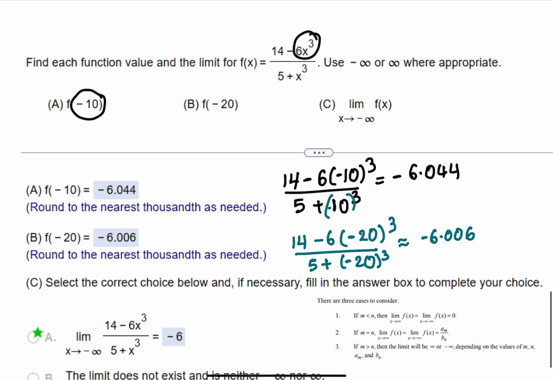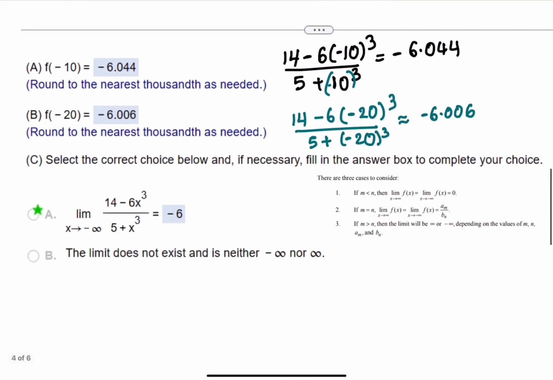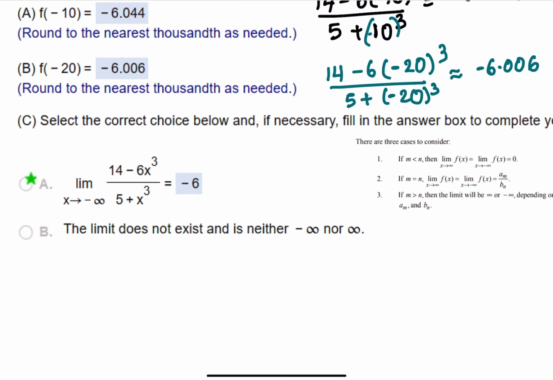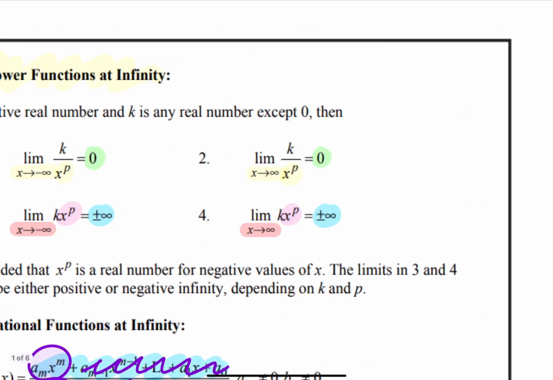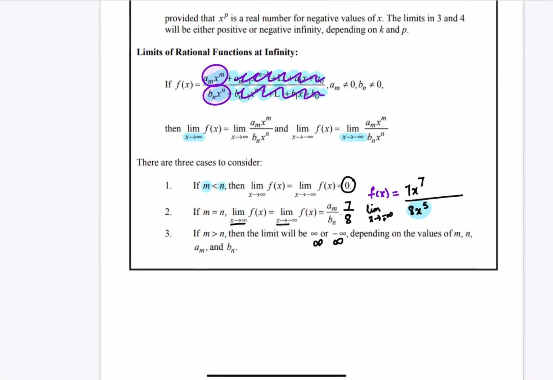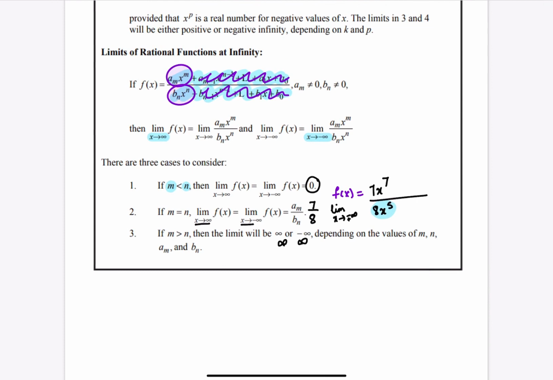Now the next challenging question is this one. What happens when x goes to negative infinity? So let's go back to the rational function. Remember what we talked about?